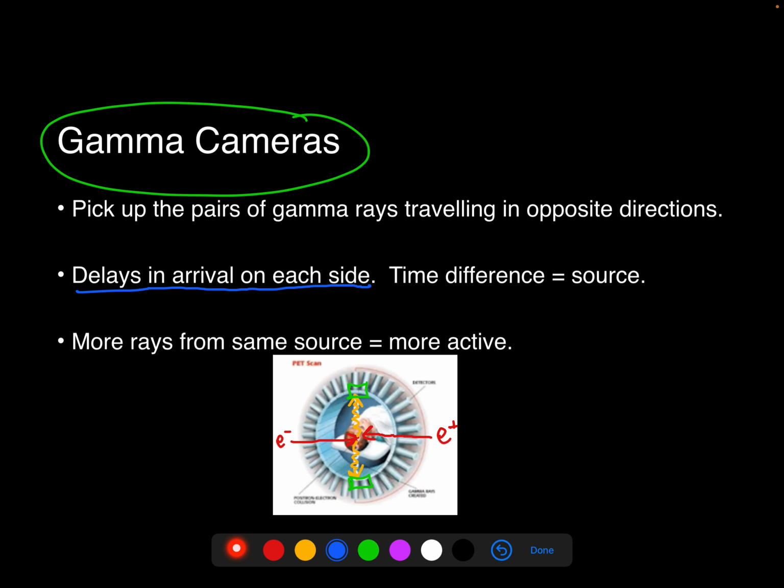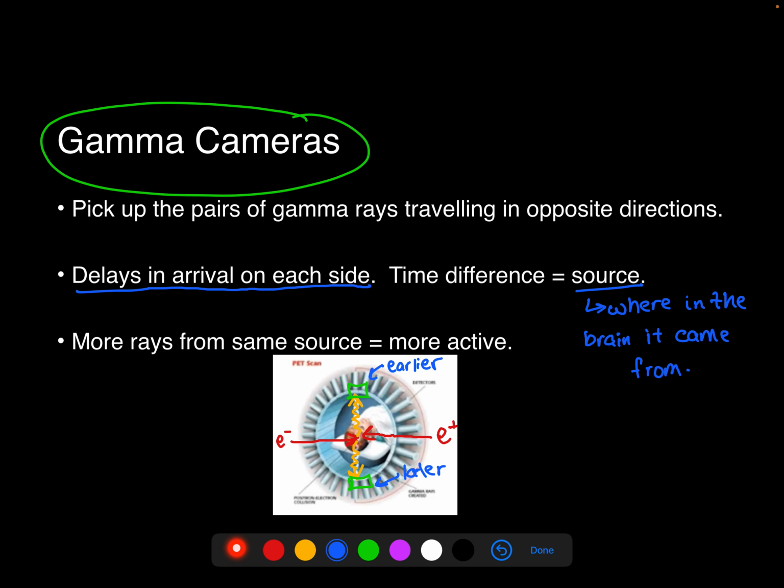So, for example, this one might be earlier, this one might be later. The difference in arrival of each gamma ray indicates where in the head it came from. So by source, I mean where in the brain it came from.